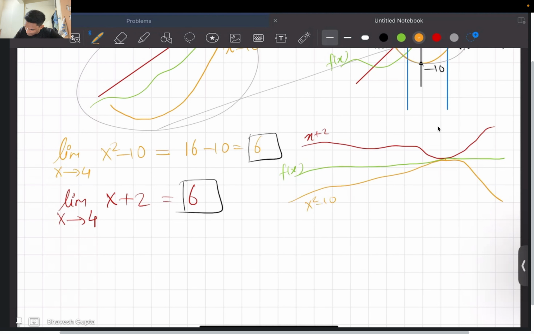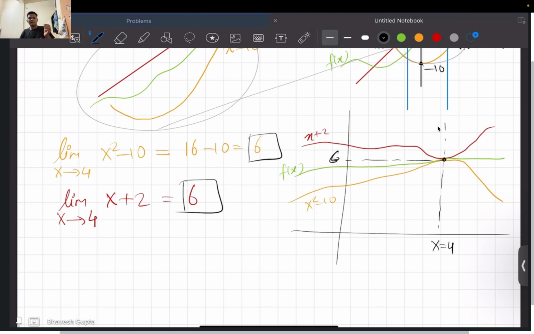We can say over here they have a common value. At x equal to 4, if you try to calculate, the upper curve has limiting value 6 and the lower curve also has limiting value 6.